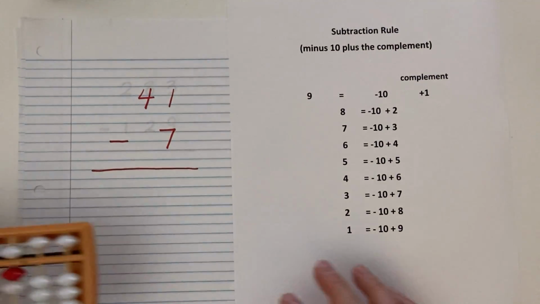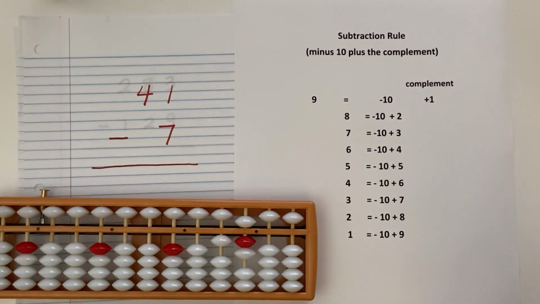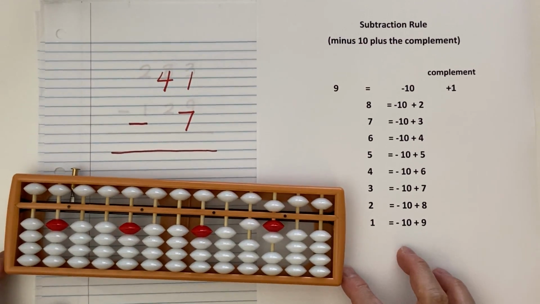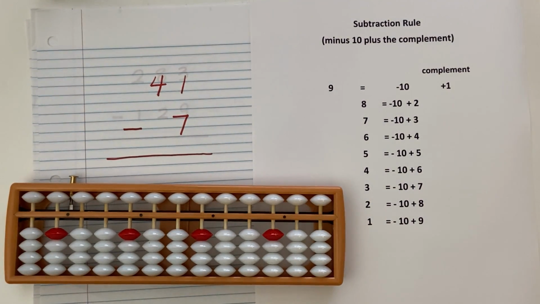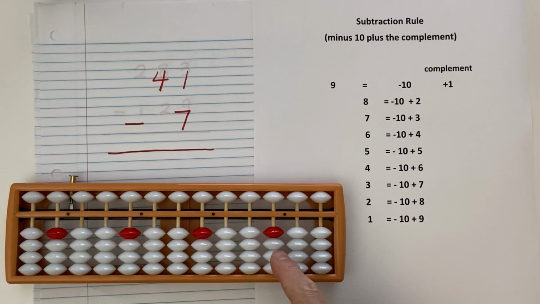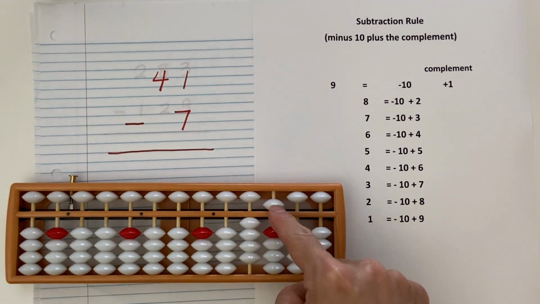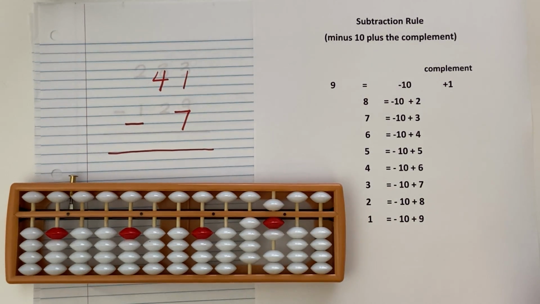Here I have the third example: 41 minus 7. Clear the abacus. 41.